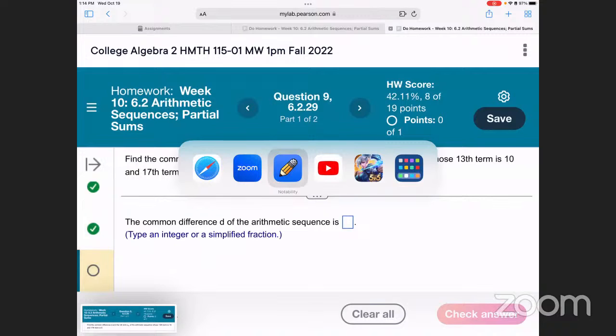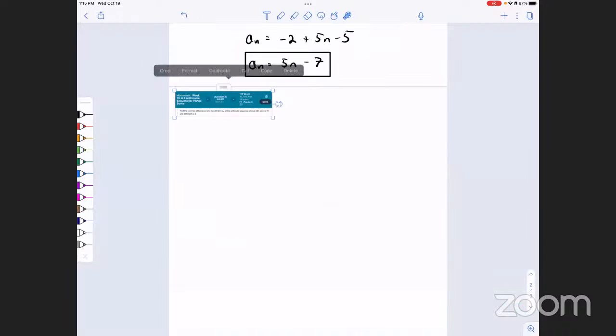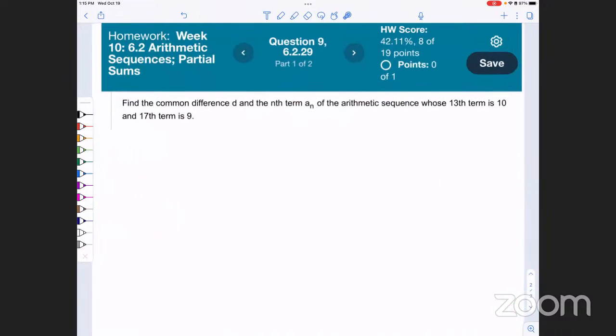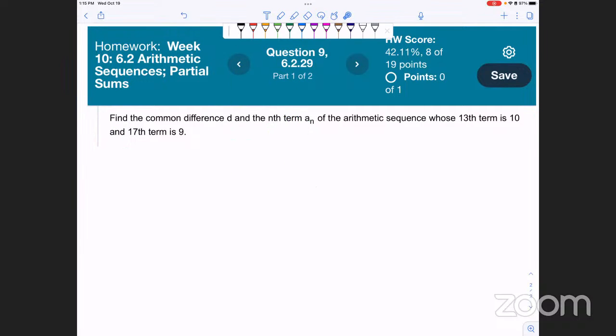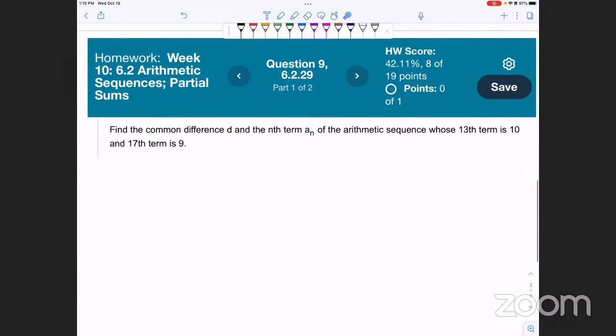I'm going to drop it here and resize it so that we can see it.